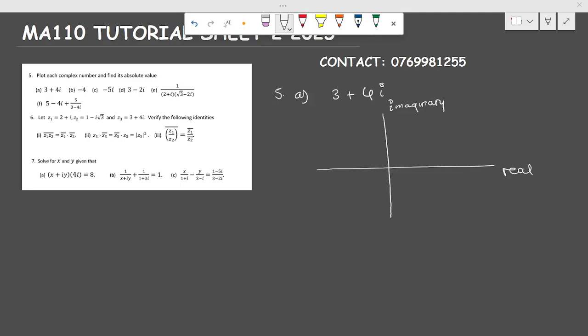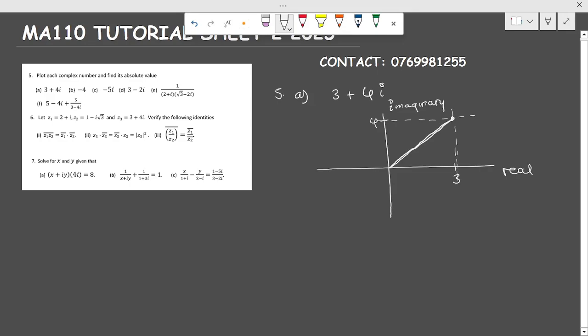Okay, so on our real axis we'll plot 3, and on our imaginary axis we'll plot 4. So in short, the point is this one, and it will be like this.